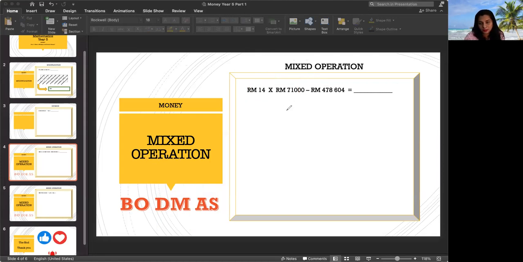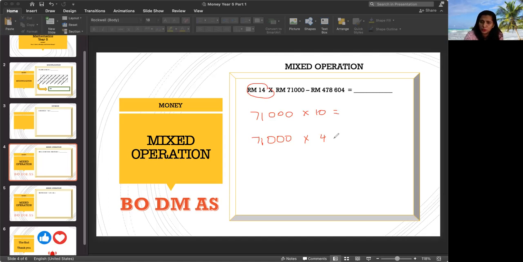71,000 times 14. Okay, I'm going to show you a different method to multiply, not lattice. This one is actually working on dividing the number 14 into 10 and 4, and then 71,000 times 10 and 71,000 times 4.